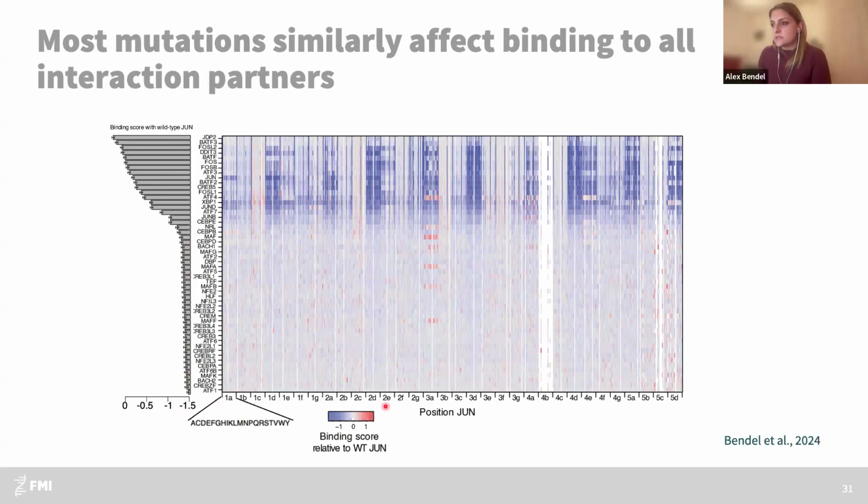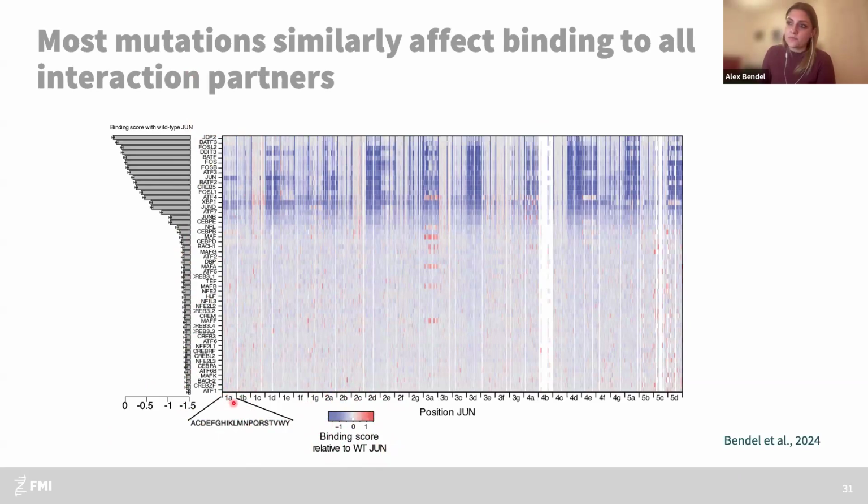And for the mutants, we then calculated binding scores relative to the wild-type interaction, where blue indicates a reduced interaction compared to wild-type and red an increased one, and plotted this on this huge heat map where the rows represent the interaction partner and the columns represent the amino acids at a given position.